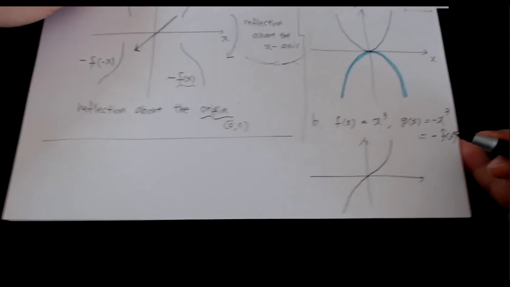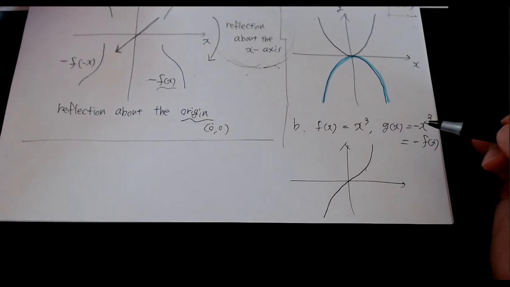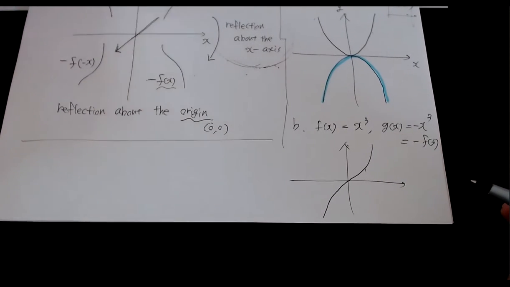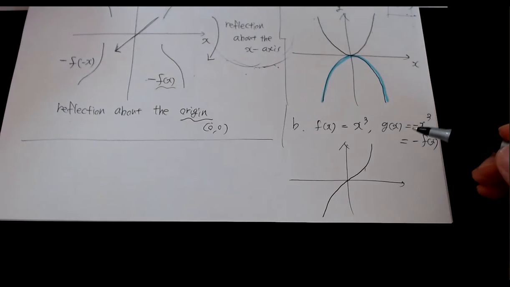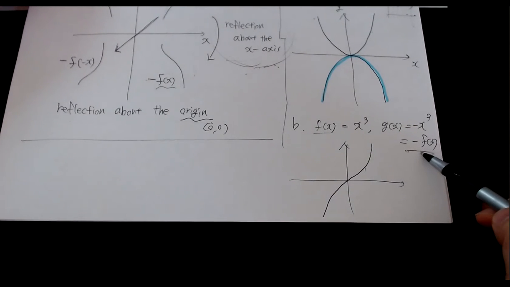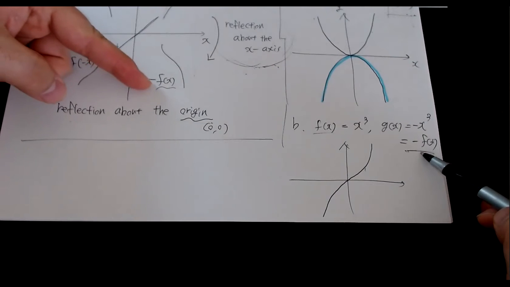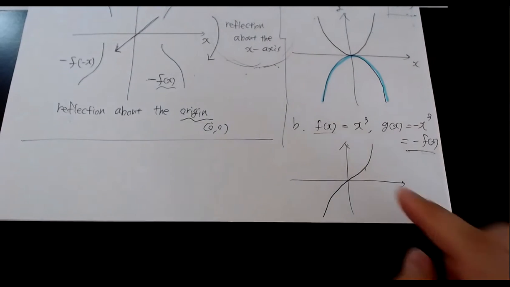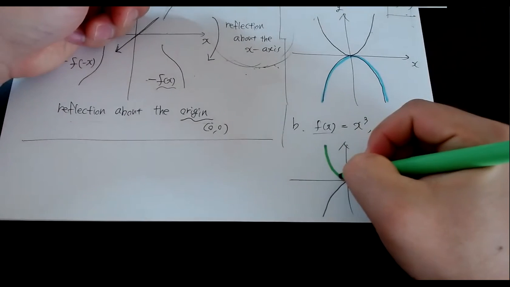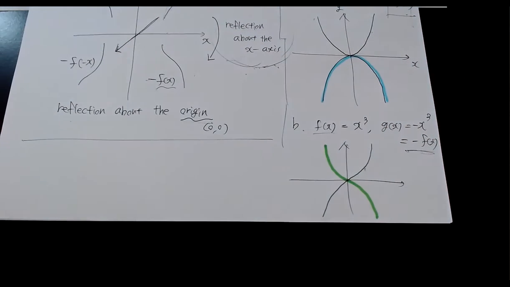Why is the graph of x cubed this? I covered that in 2.2, so please go back to 2.2 if you wonder that. And negative f of x is a reflection about the x-axis. So reflecting the graph of f of x, we got this.